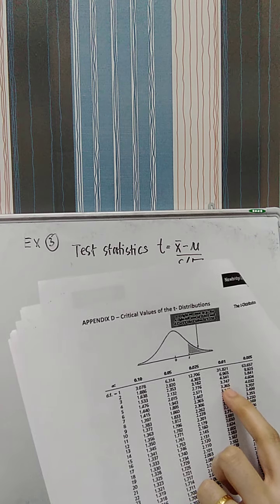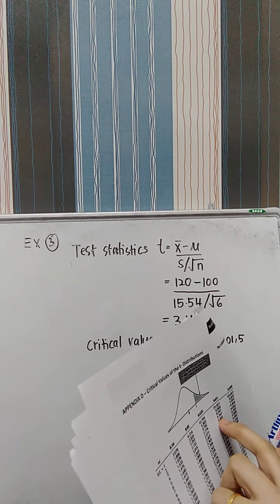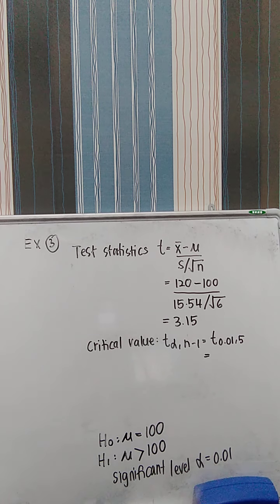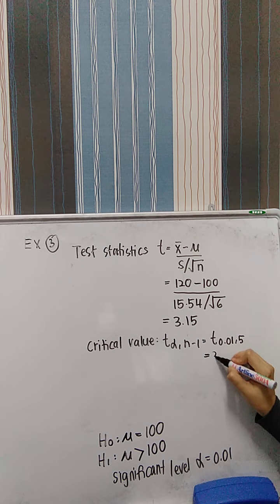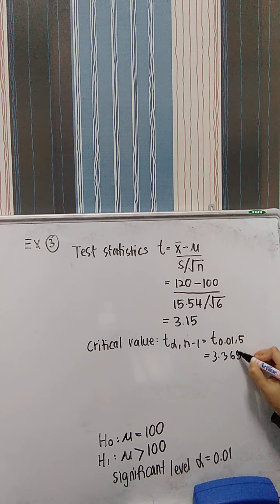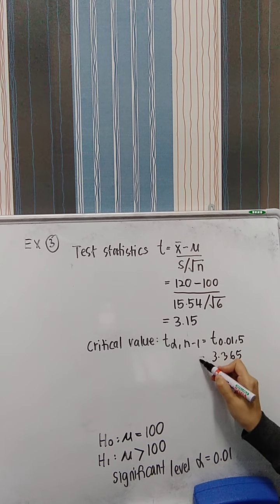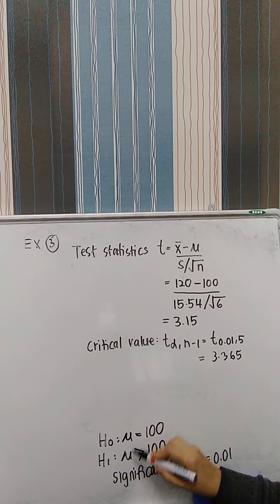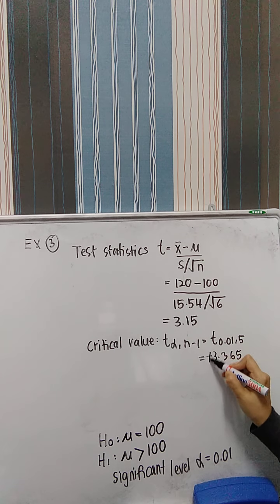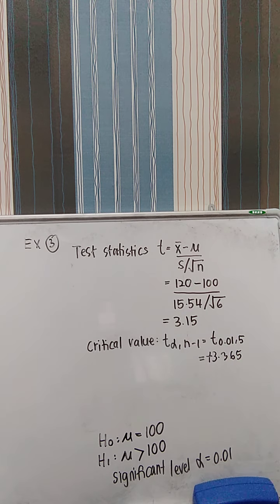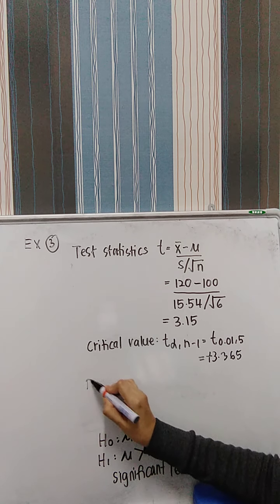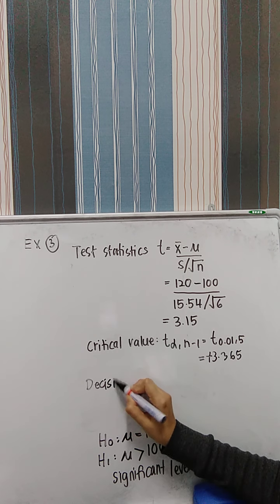So the answer is 3.365. And then you must give the symbol here. This is more than, so the value must be positive, 3.365.